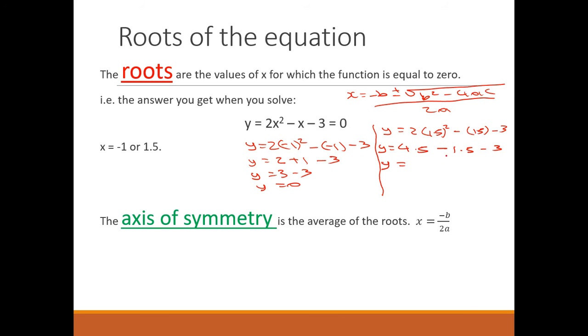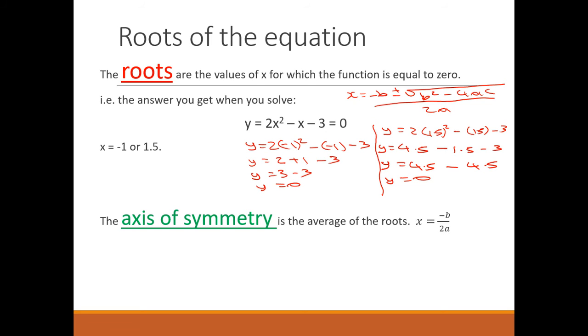So y is equal, when we add these two negatives, we'll have 4.5 minus 4.5, and so our y will be equal to 0. Okay, and so we were able to test our two roots, that when we substituted the roots into the function, we got our y to be equal to 0.